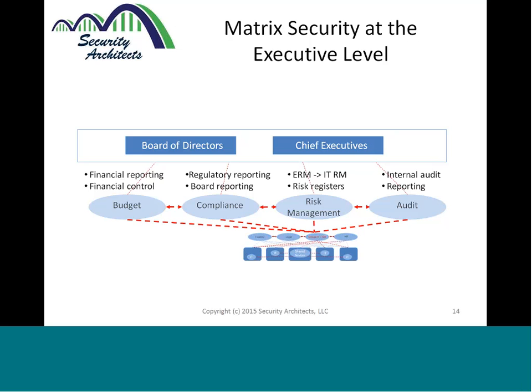And I'll talk a little bit more about that in another slide where I describe what some of these committees do.